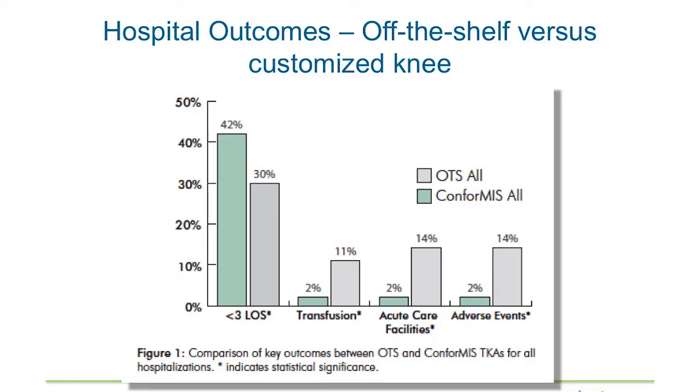And so far, this is what they've shown, that the length of stay is that bit quicker because the early recovery is that bit quicker. We're transfusing a lot less blood, which also reduces risks. Most people are going home, and a few are going to rehab facilities afterwards. And there's a lower risk of adverse events.